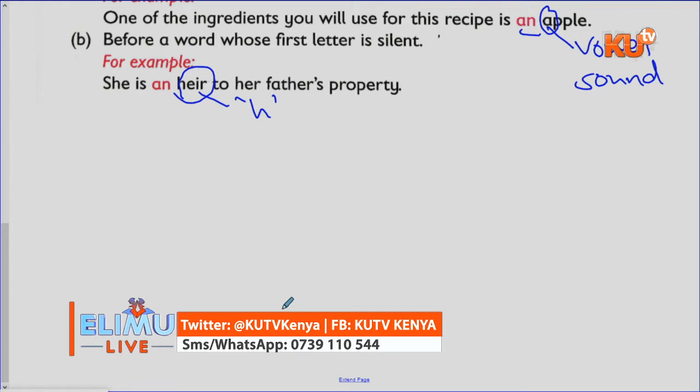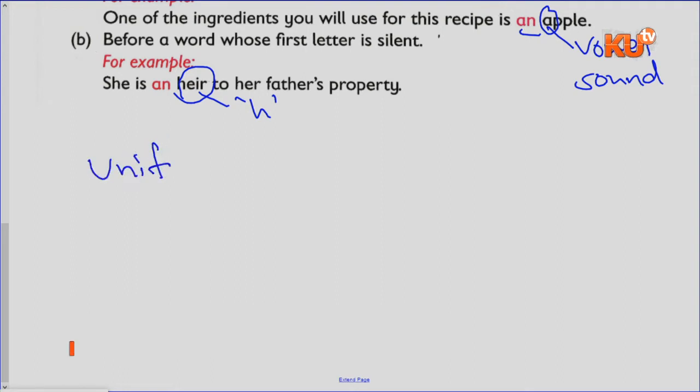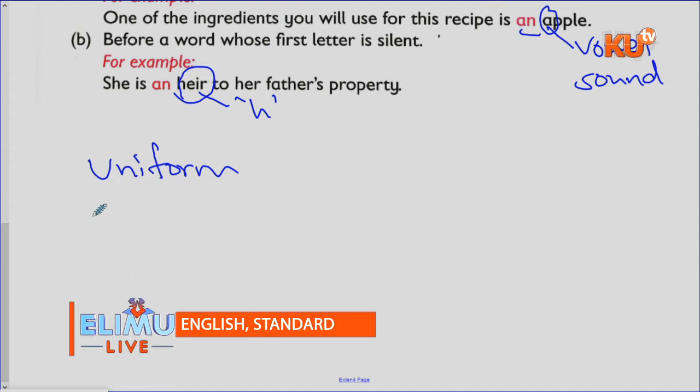They give you a consonant sound, therefore they take the determiner a or the article a. Those words include uniform. That is a vowel, but the sound is a consonant.